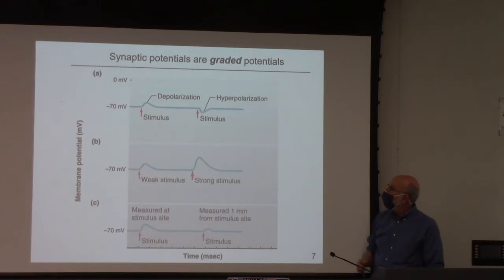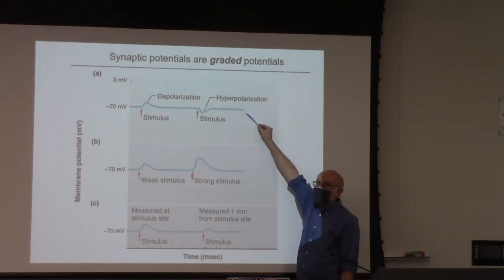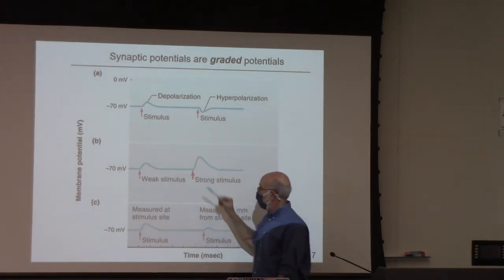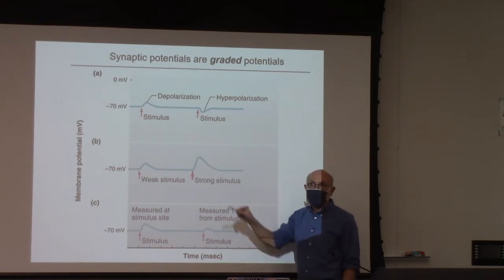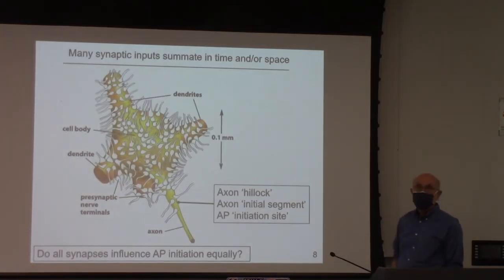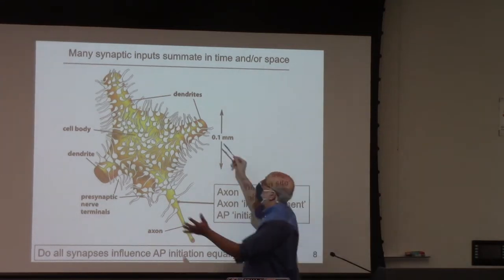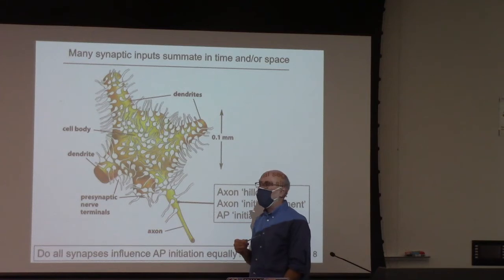So it's all happening all the time. They're small and they are local and they are graded. Thousands of them receiving depolarization and hyperpolarization stimuli all the time.